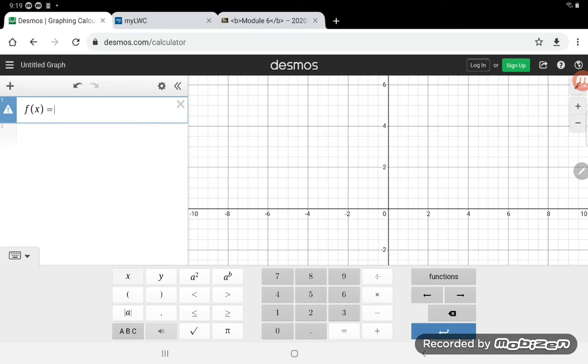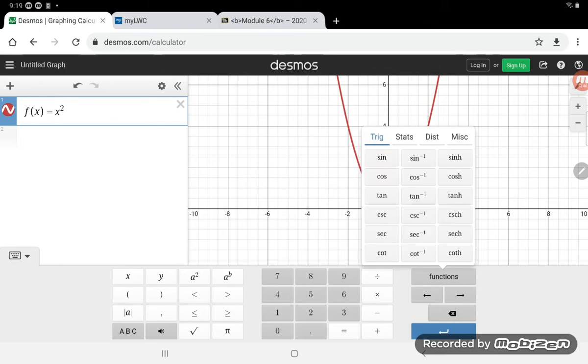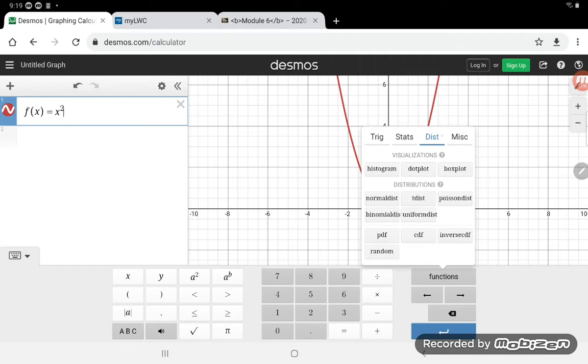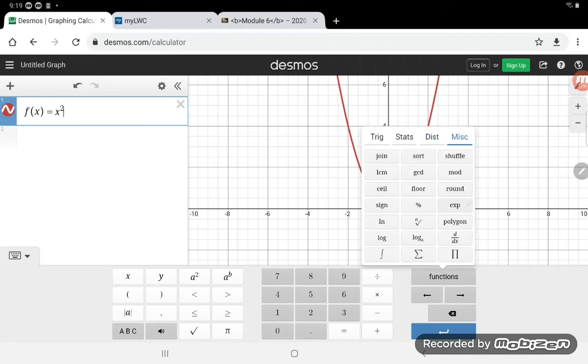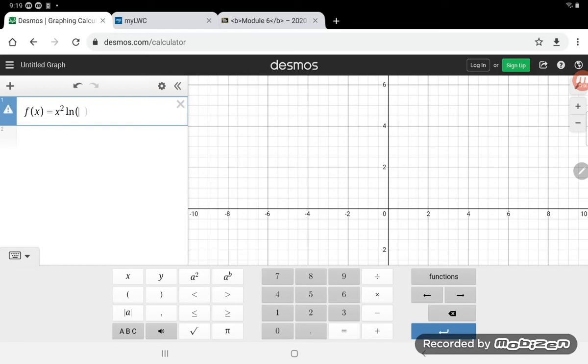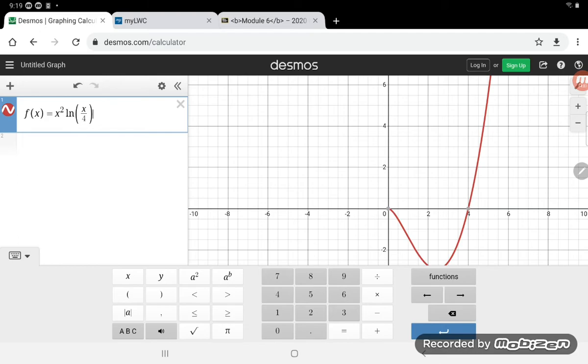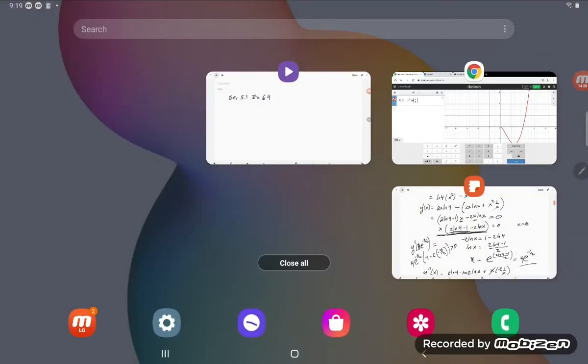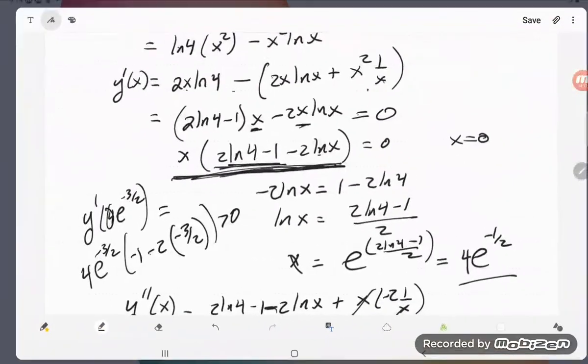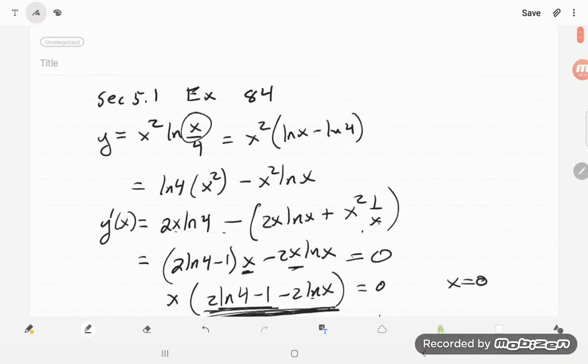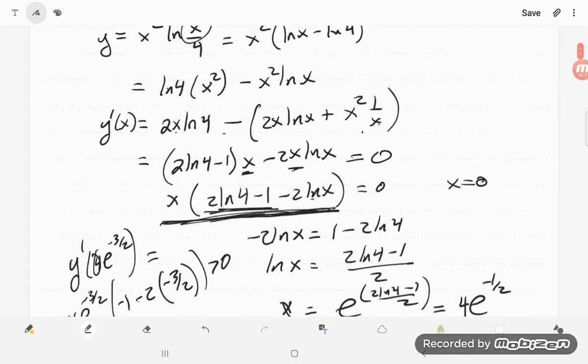X squared times log, so I need functions here. Natural log of x divided by 4. And okay, go back and check that real quick. X squared, x over 4.